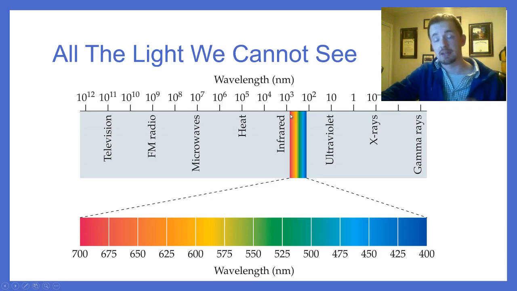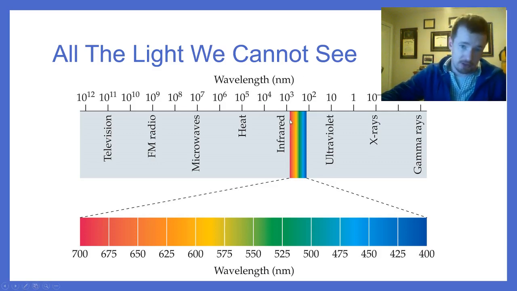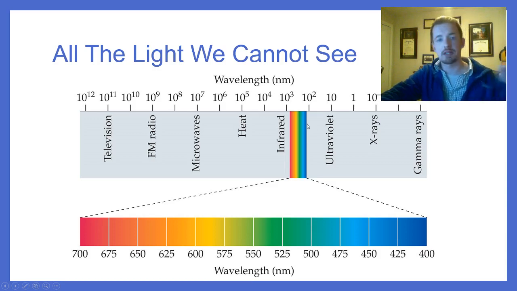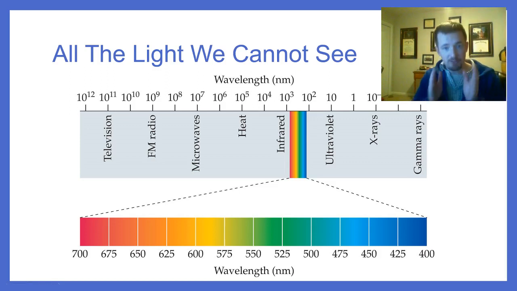Some animals can. Some animals like crows, for example, a lot of avian species can see infrared. But if we start slowing that frequency down, it'll start appearing to us as orange and yellow and green and blue and violet. And then if we slow it down enough, then we can no longer see it again. So that's a very, very particular part of the universe that we're able to see.